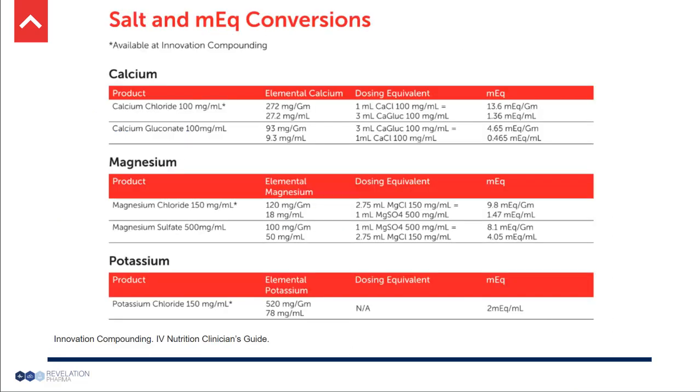And then you can see here Innovation Compounding's salt and milliequivalent conversions. So it makes it kind of easy to see back and forth between weights and milliequivalents, and then even looking at different forms like calcium chloride versus calcium gluconate, and how much elemental calcium or magnesium or potassium they actually have per formula, and how you might go back and forth between the two, because they would not necessarily be dosed ml per ml equivalently. So you have to look at these different types of conversions here, and this reference is again available with Innovation Compounding.